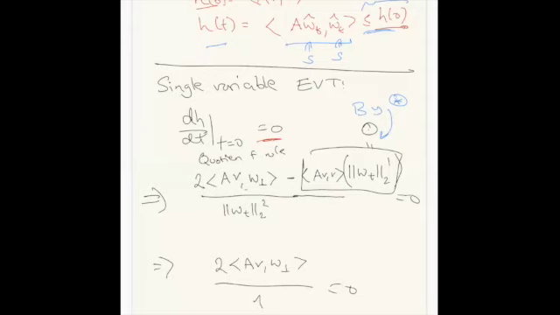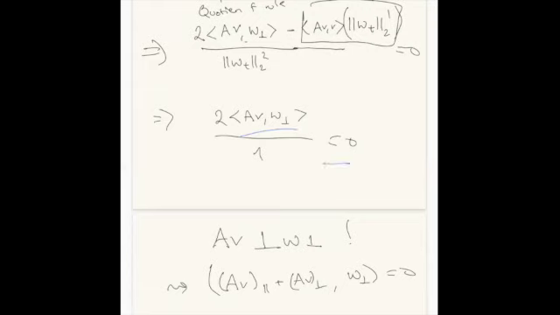And we're basically done because what is left is the denominator is 1. We have a factor of 2. And AB inner product with W perp. So we get that the inner product of this with W perp is 0. So AB is perpendicular to W perp.